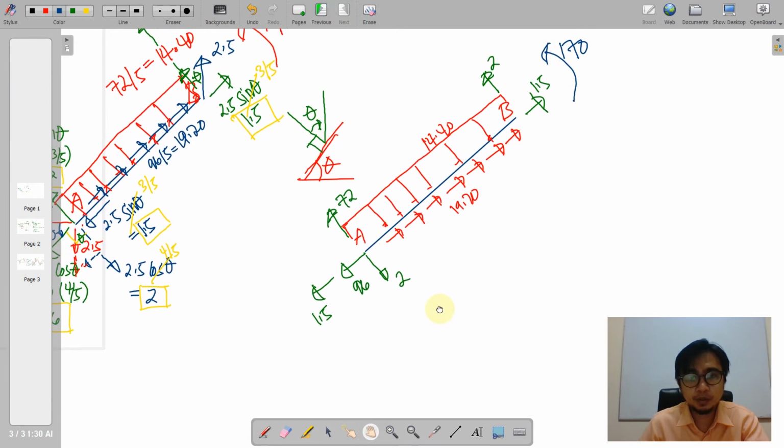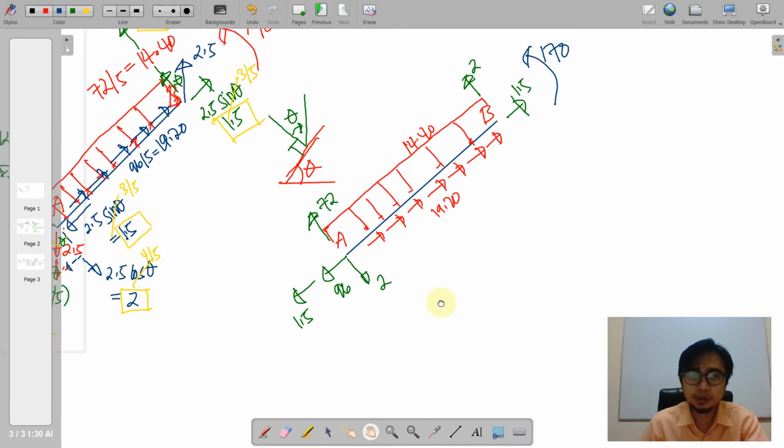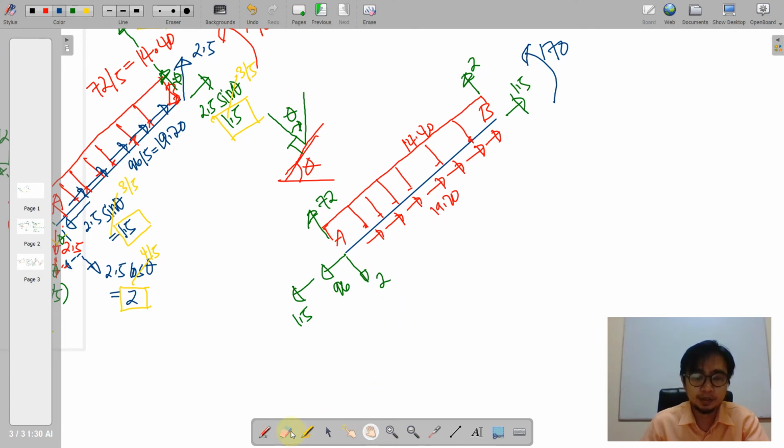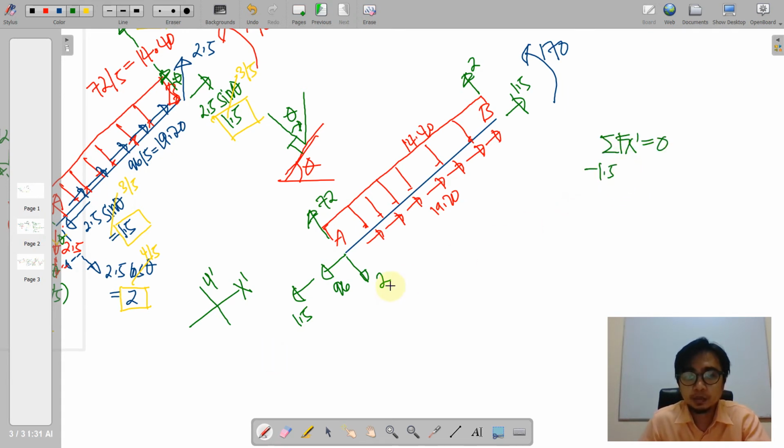We also need to verify our analysis by checking the equilibrium equations along the rotated axes, x prime and y prime. We check the rotated x: negative 1.5 minus 96 plus 19.2 times 5, and then the 1.5 here. Is this equal to 0?